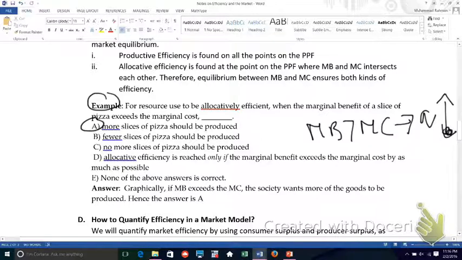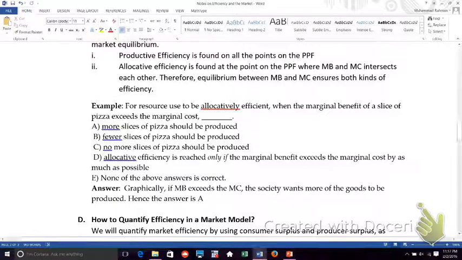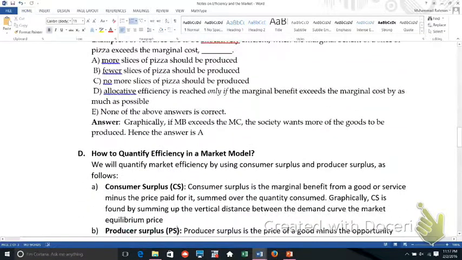Okay, so that's that. Now it's time to move to the most important concept of this discussion, and it is now we are going to try to understand efficiency in the context of the market model.